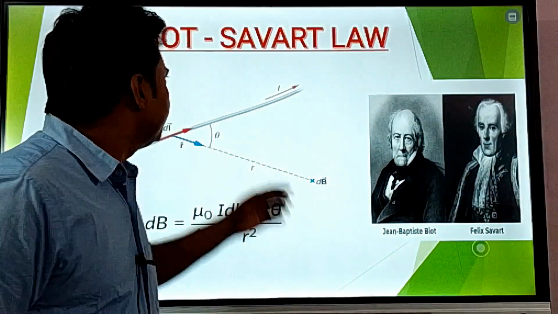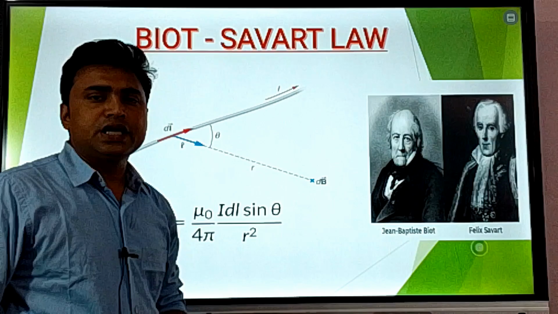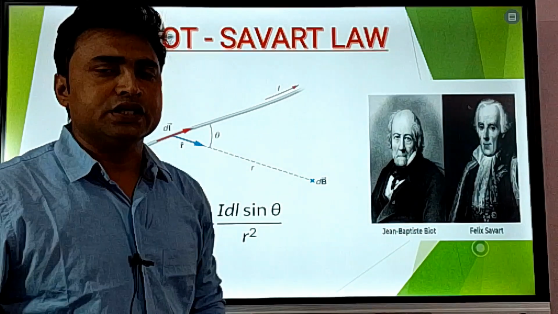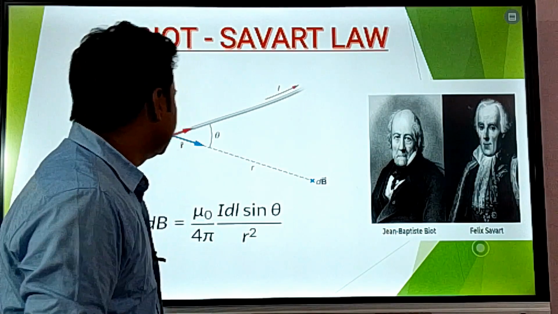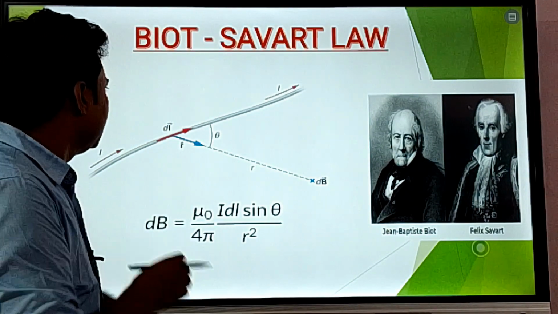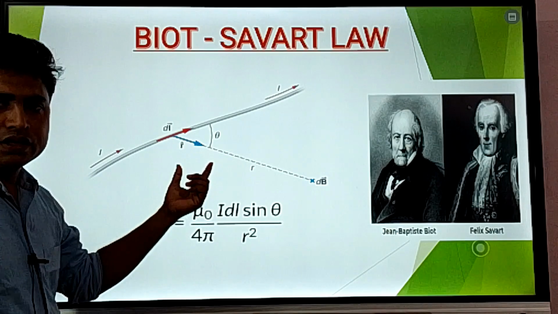Before understanding this Biot-Savart law, we have to understand what a current element is. In order to understand the current element, let's see here. Suppose this is a wire.